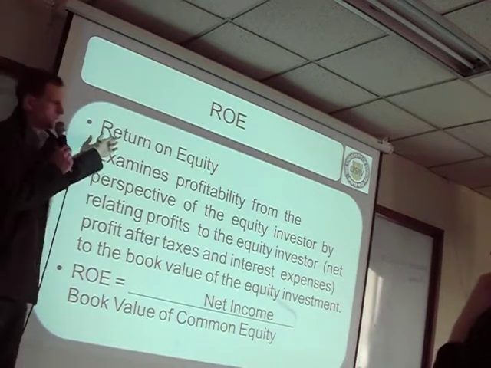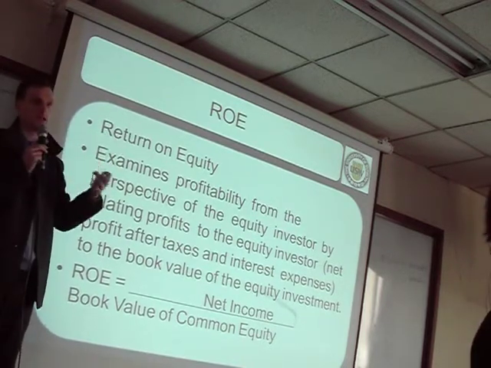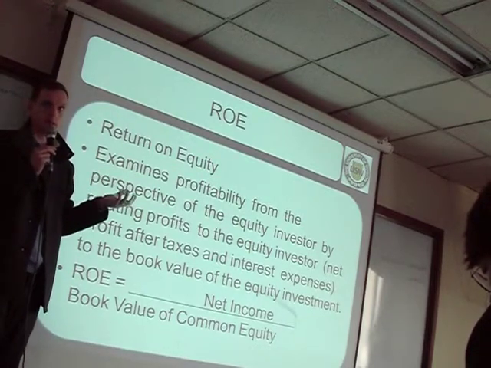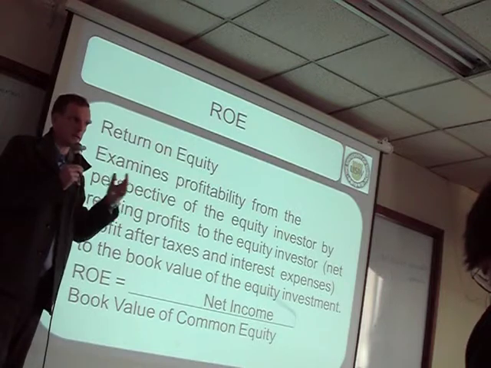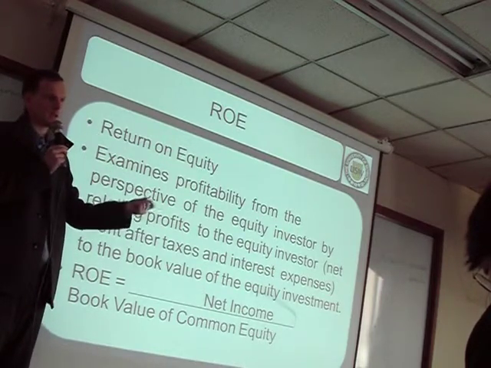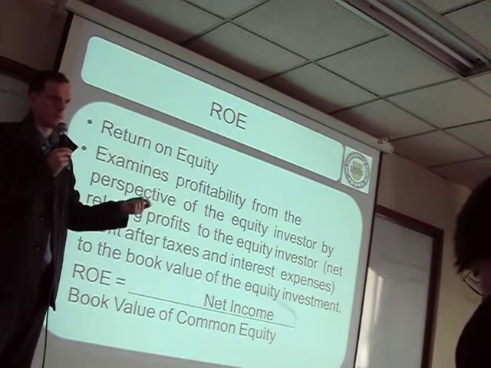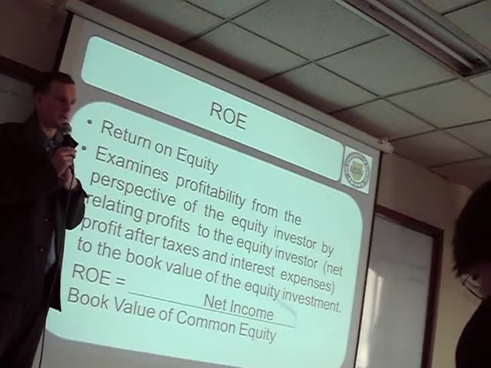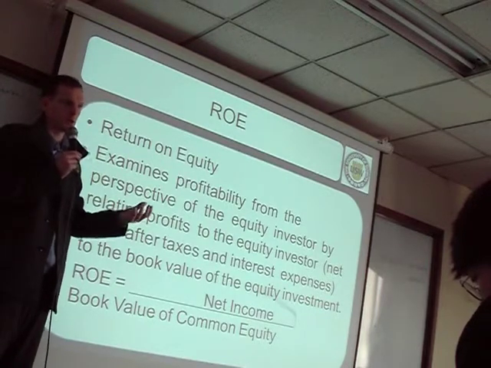But return on equity is a figure which is specifically for the shareholders. The shareholders own the equity in the company. So if I invest in the company, I want to know on the money that I invested in the company, what is the return? Okay, I'm not worried about assets or debt. All I'm thinking about is the equity that I put into the company.